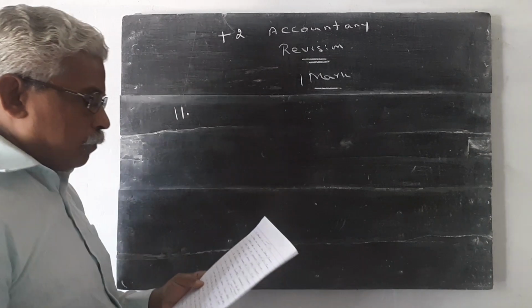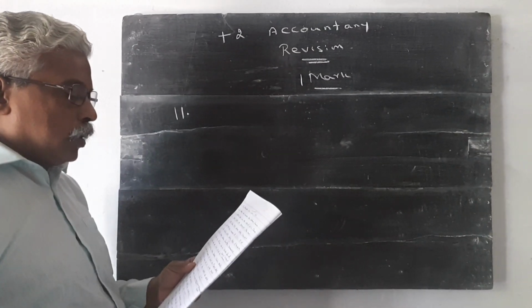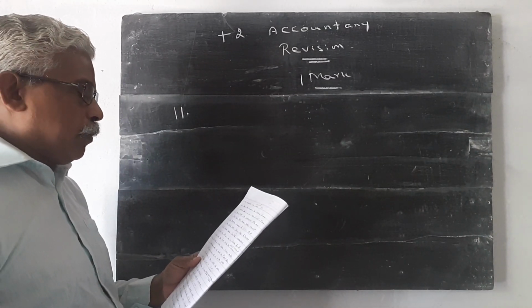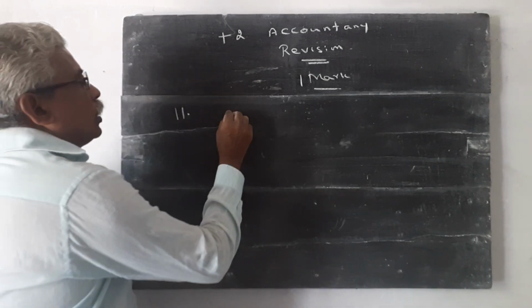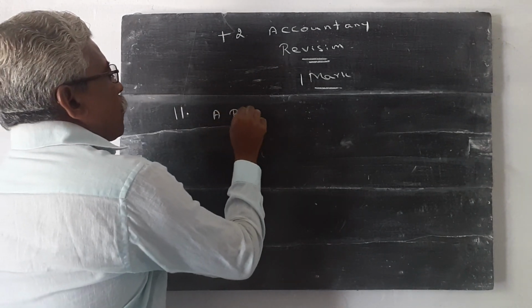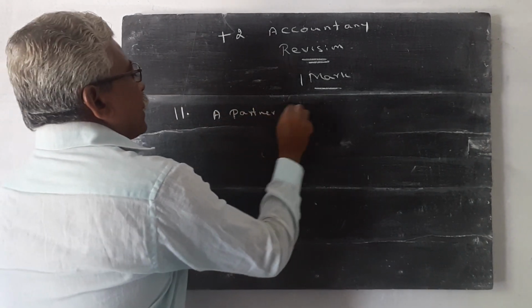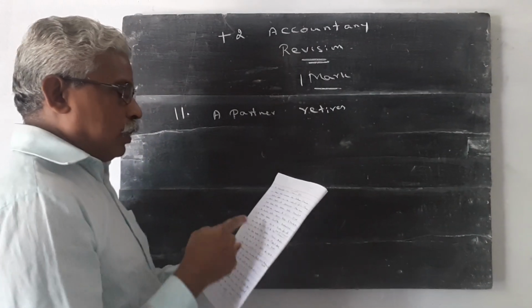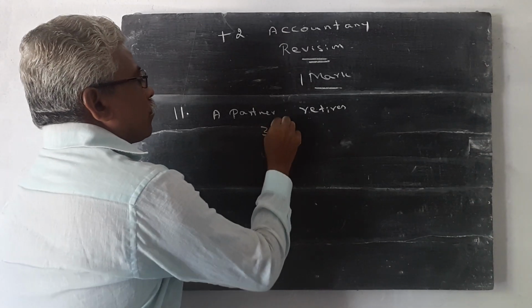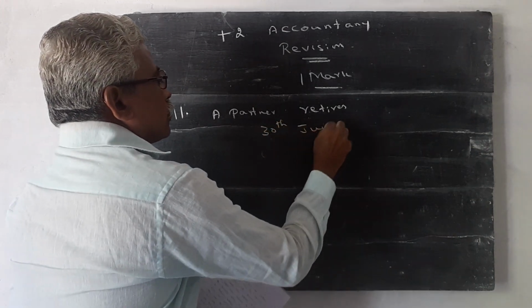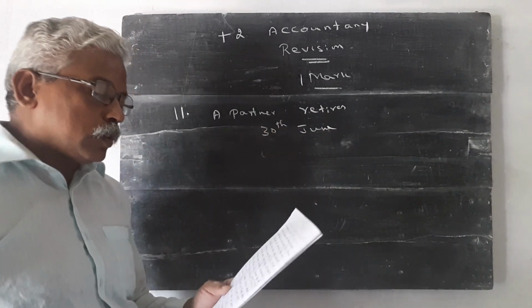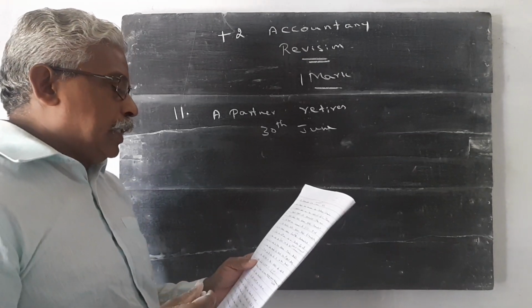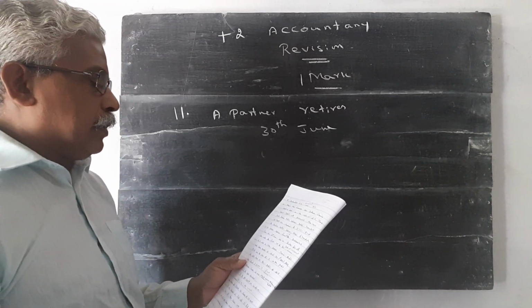Question number 11. A partner retires from the firm on 30th June. He is liable for the activities.